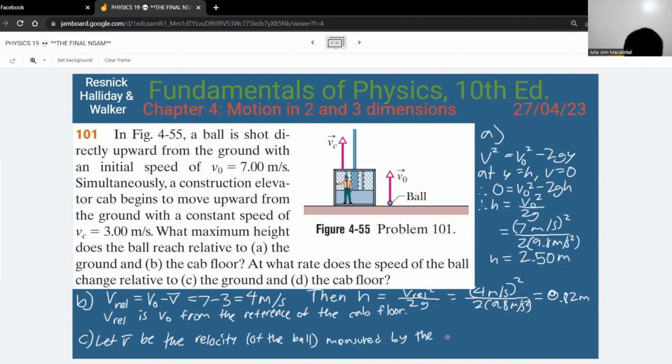V is the velocity of the ball measured by the ground. And V_C is the velocity of the cab measured by the ground.